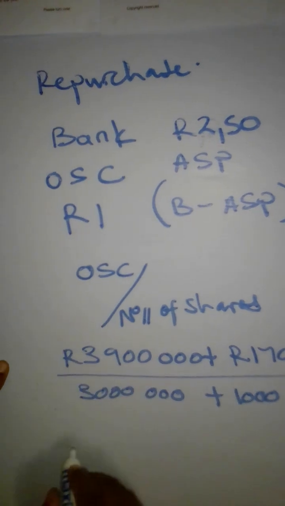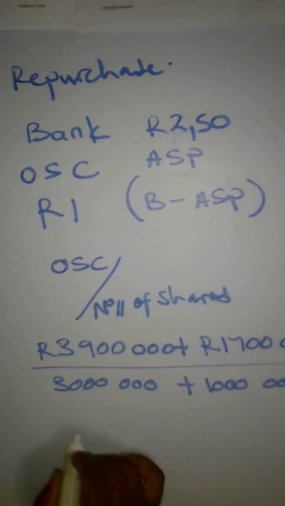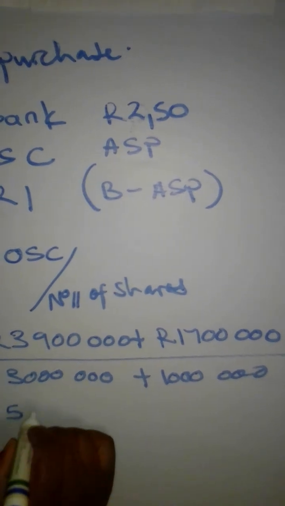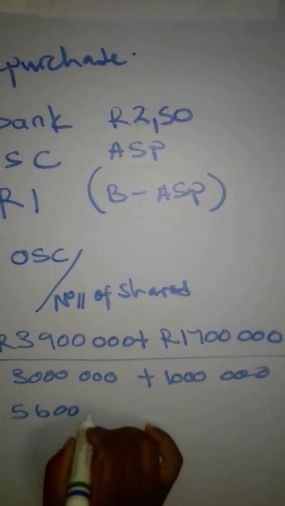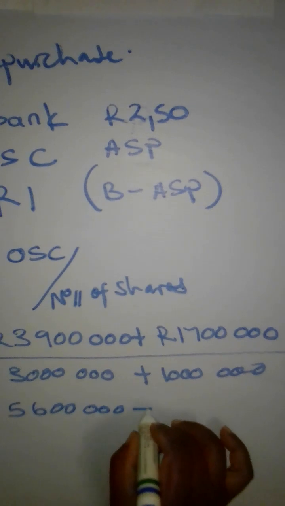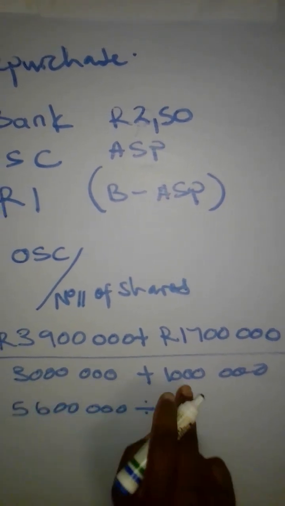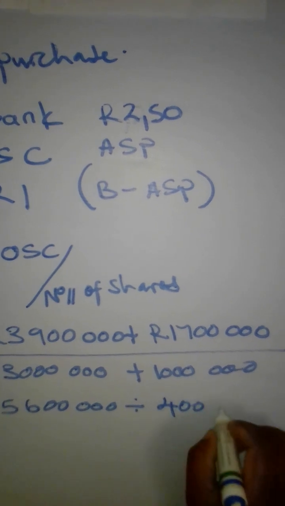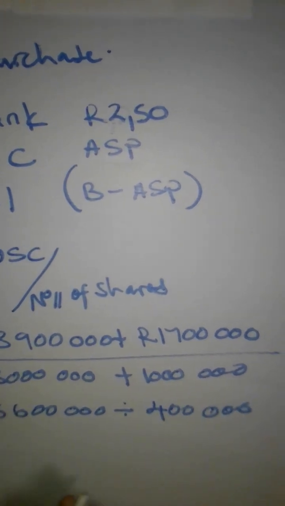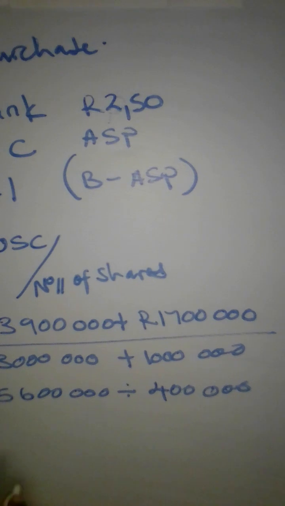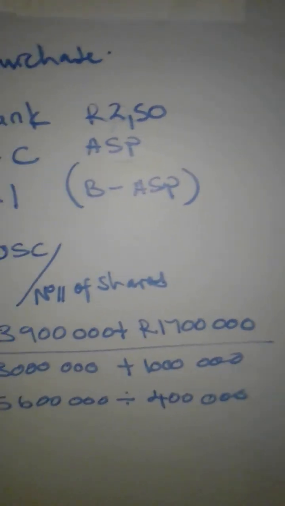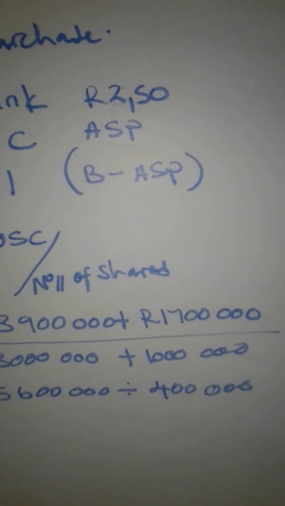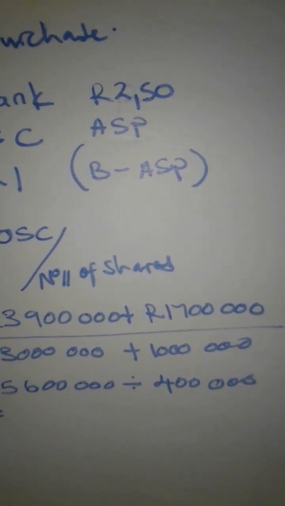Let me just simplify it. 3.9 plus 1.7 is 5.6 million divided by the number of shares. 3 plus 1 is 4 million. When we divide, let me check on my calculator, we are going to get 1.40.